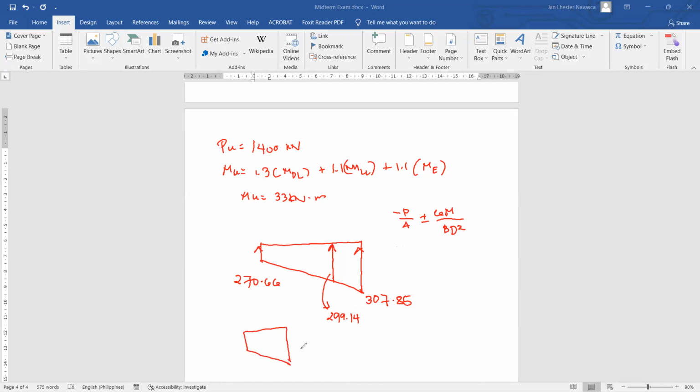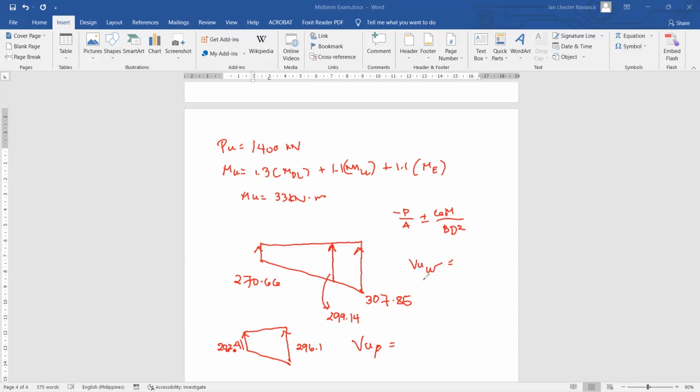Ang value natin doon is 296.1 at the face d over 2 distance, and dito naman is 282.41. And after that, you can now solve for the VU sub P and the VU sub W, and you can now solve for the nominal punching and the nominal wide beam shear stress.